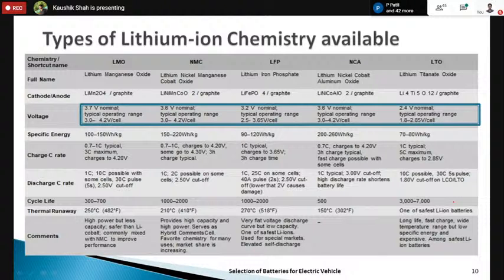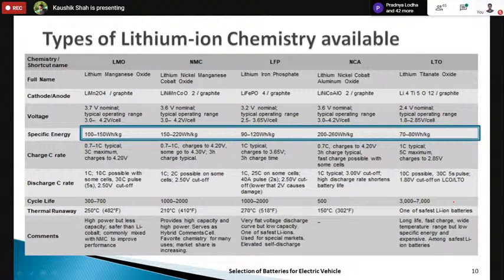So I'm saying that we need to understand what kind of chemistries will give what kind of different voltage and ampere-hour requirement. Okay. Then specific energy, which is pretty important for any vehicle to be made: how many kilowatt hours per kg would you like to incur?